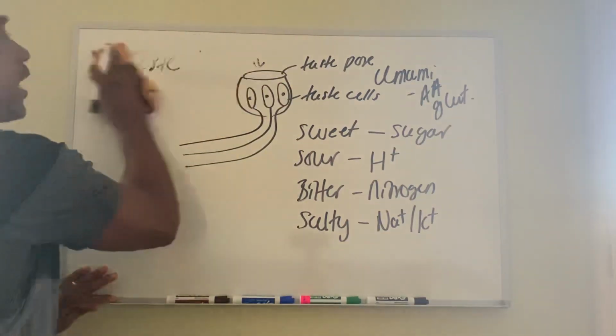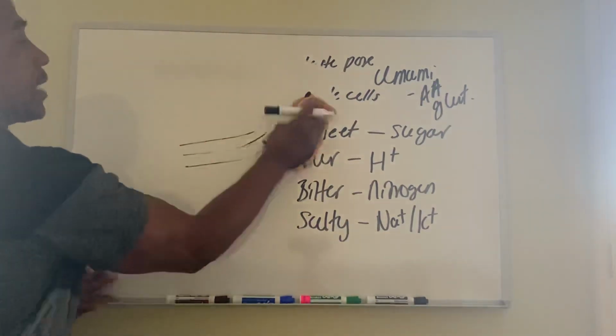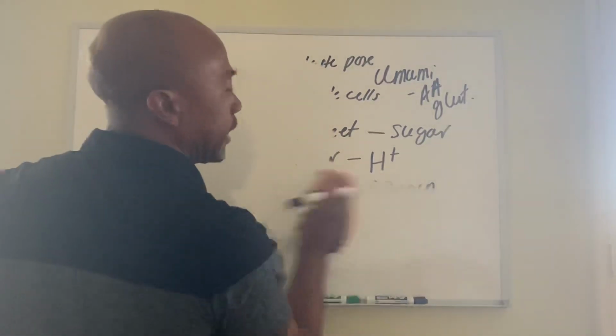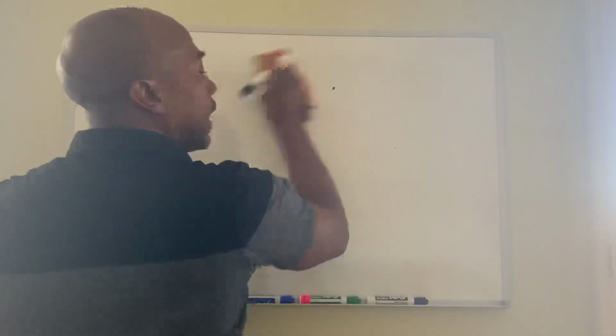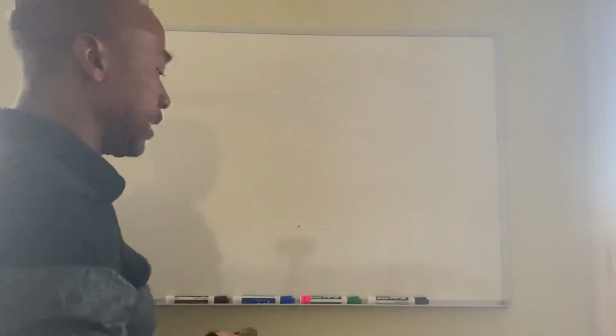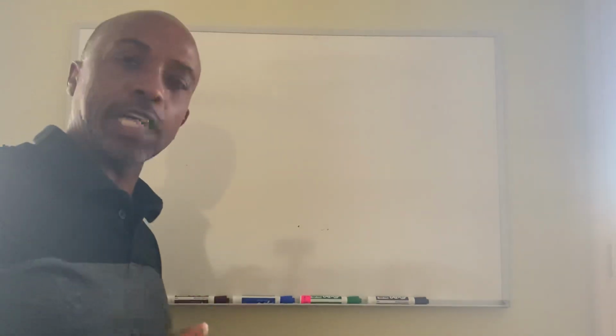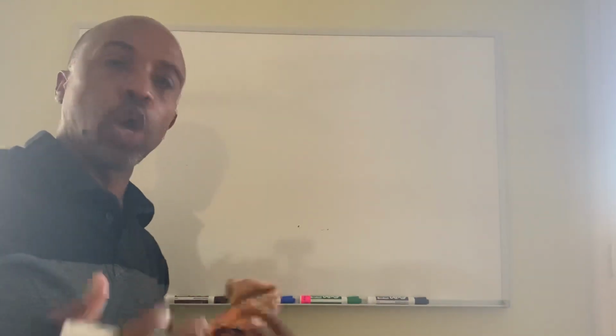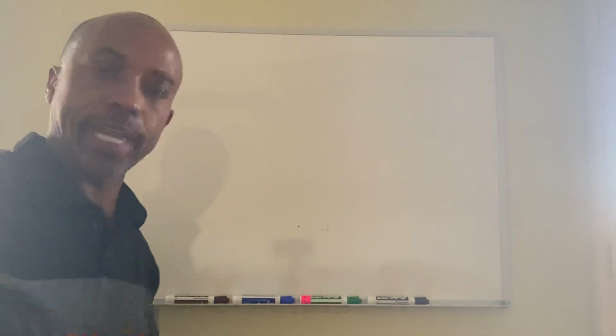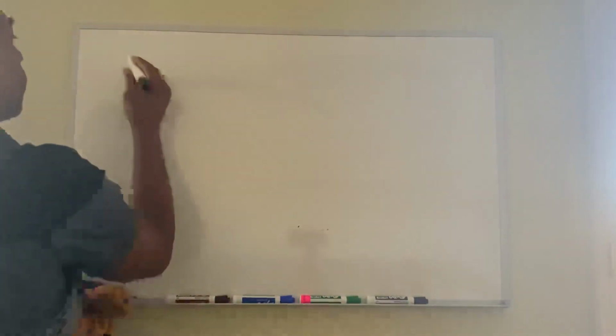So let's begin with the taste of salty. Salty and sour are what we call direct sensations. These chemicals can directly enter your taste cells to trigger local potentials and action potentials to create the sensation.